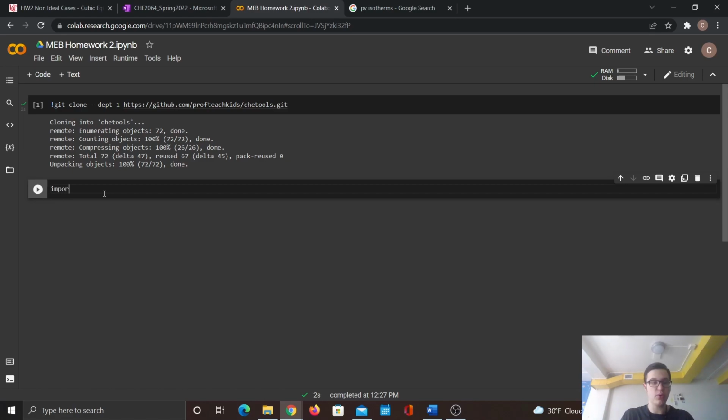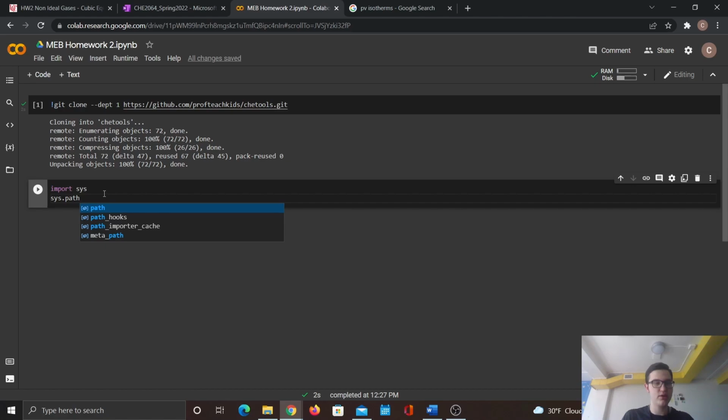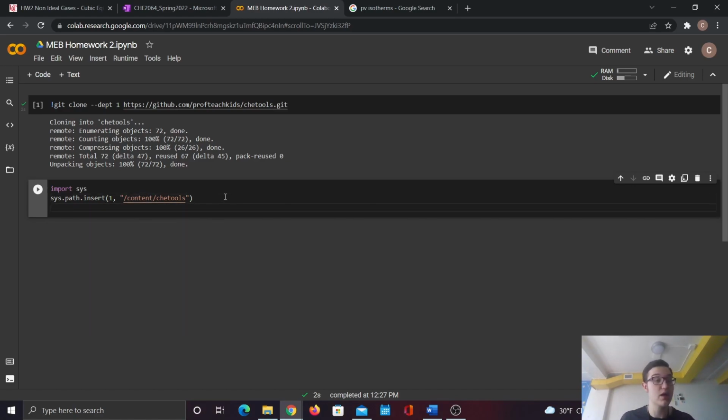So I need to import sys for system, and I'm going to use sys.path.insert for the first thing, so it goes immediately to that, and then I want the content, chetools path, and I need this in quotes, so it's a string.